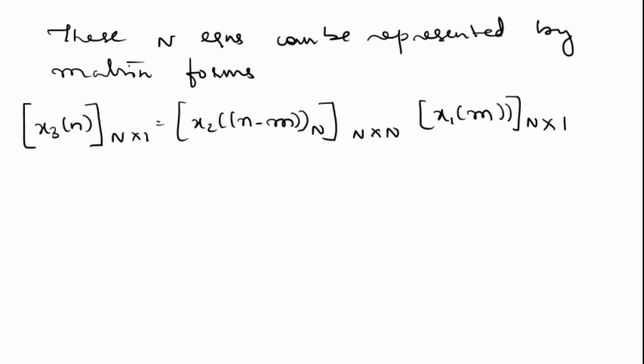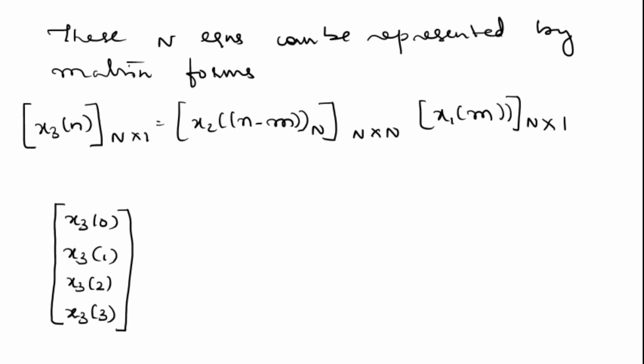So we can write like this: x3 of 0, x3 of 1, x3 of 2, x3 of 3. This is the left hand side. That means throughout this row n is equal to 0, throughout this row n is equal to 1, throughout this row n is equal to 2, and throughout this row n is equal to 3.